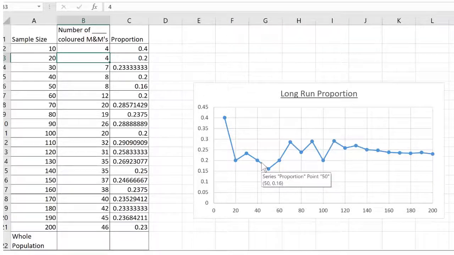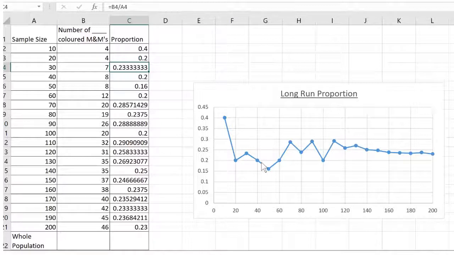So in proportion, we had 40% or 0.4 being red, and at the sample size of 20, we can see that it was closer to 20%. Now, when we went up to a sample size of 30, we went to 23%. So you can see that this is bouncing around, and that's reflected in the graph.